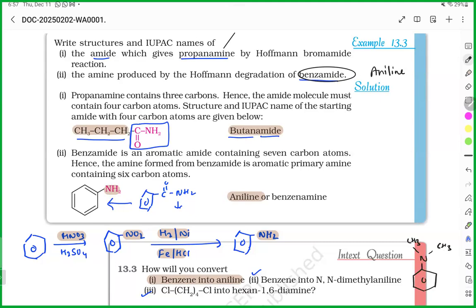Sir, adding two more methyl chlorides. First, the same thing, and then methyl chloride. First process is ditto same. You will add one more step. If you add 2 CH3Cl, what will happen? Benzene ring with CH3 and CH3. Make sense, guys? Here, chlorine is replaced by amine, right? Any doubt?